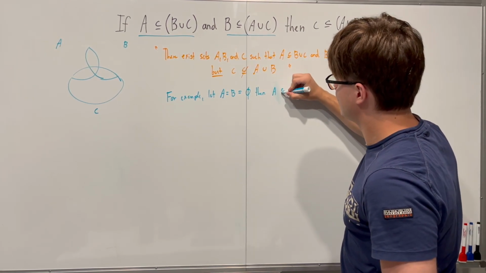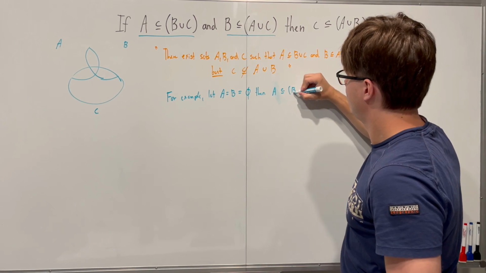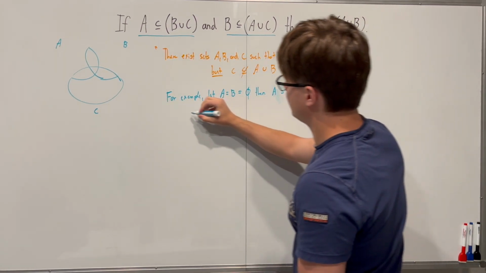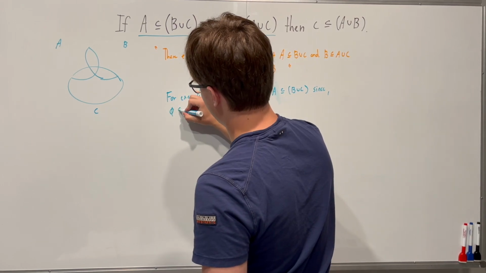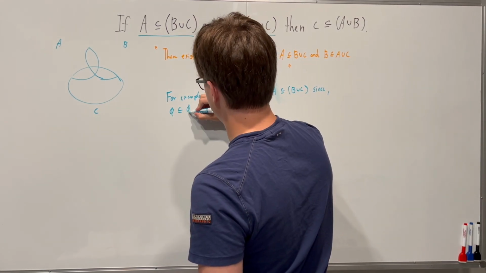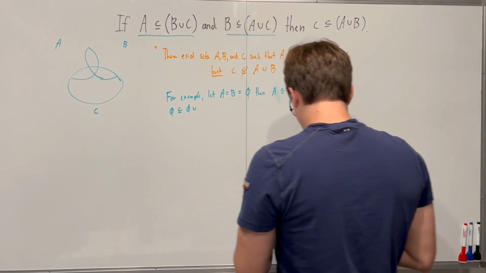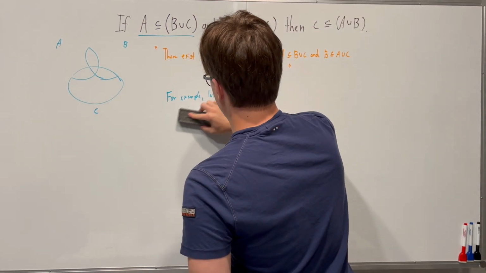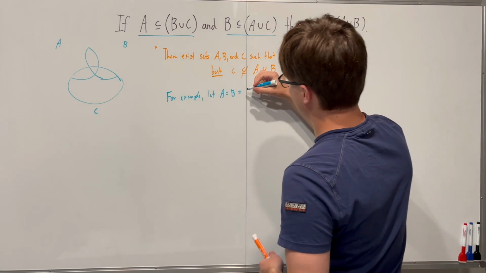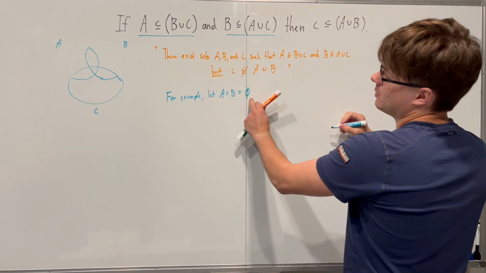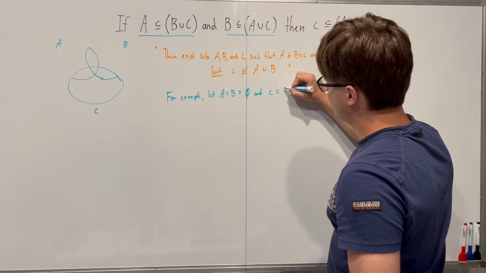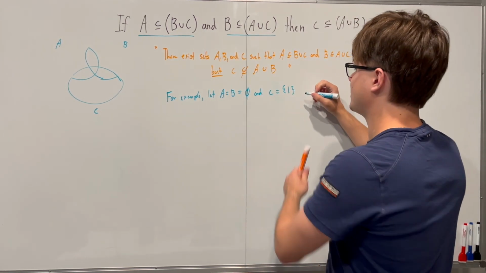I'll say A is a subset of B union C. I made a mistake. I didn't define my C. So we want to say A is equal to the empty set and B is equal to the empty set. And C we'll say is equal to the set containing 1.